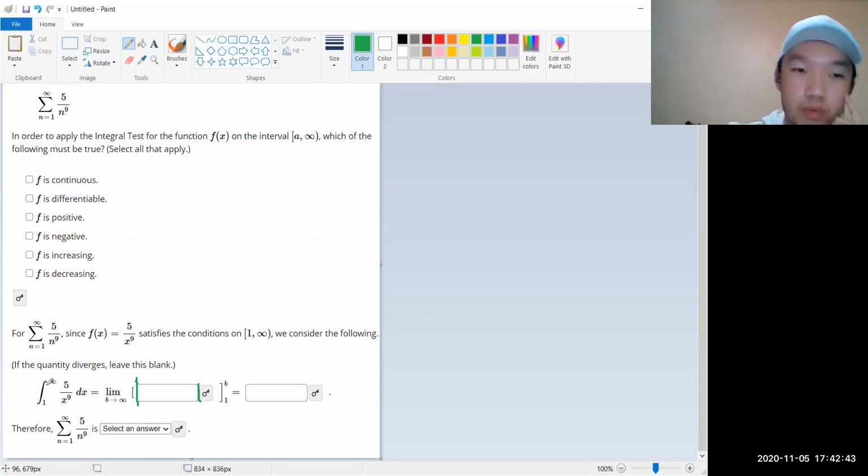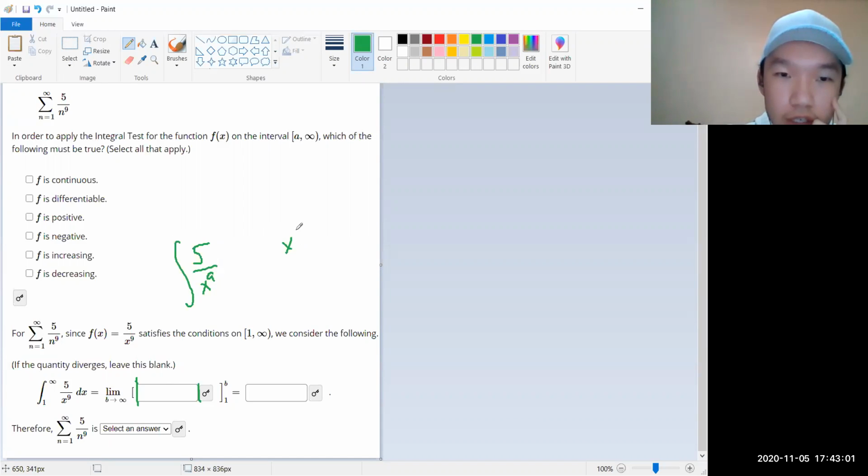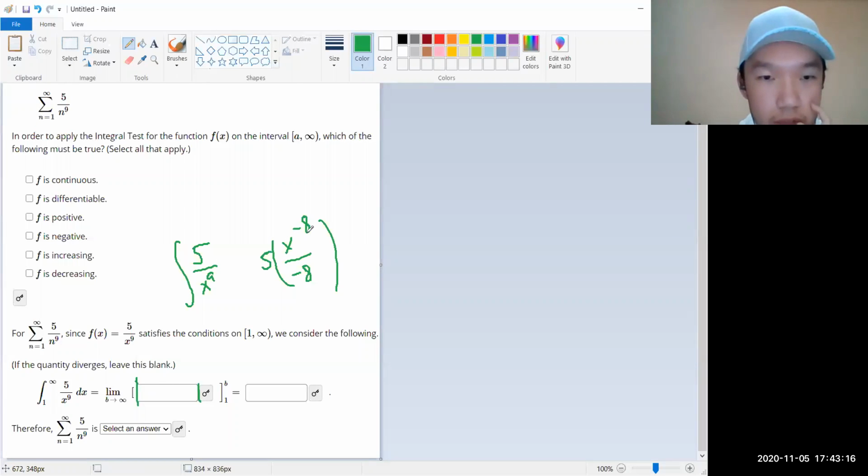Well, the first thing you have to do when you do the integral test is integrate it. So we're trying to integrate 5 over x to the 9th. So that would be x to the, right now it's -9, so you add 1, and then you divide by that. So carry the 5. If you write this, I think that's what they want. You don't need to use the variable b yet because they have it over here.